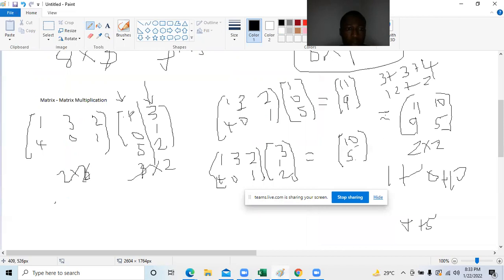We multiply this vector by this matrix, which is what we did here, and got the vector-matrix multiplication. Then we multiply the other vector by this matrix, and that gave us our final answer. Does that make sense?